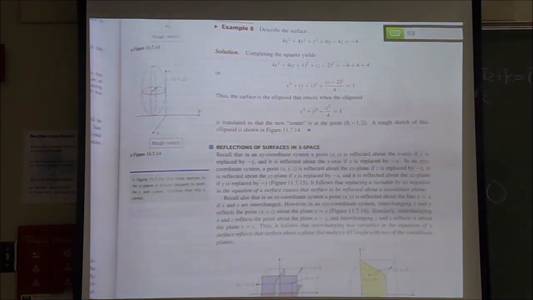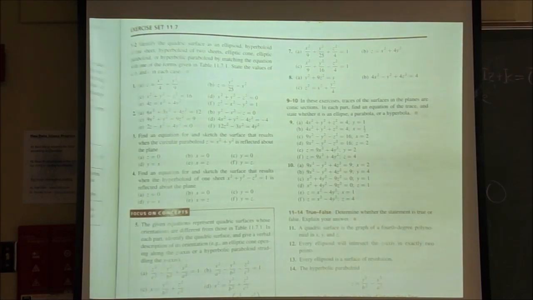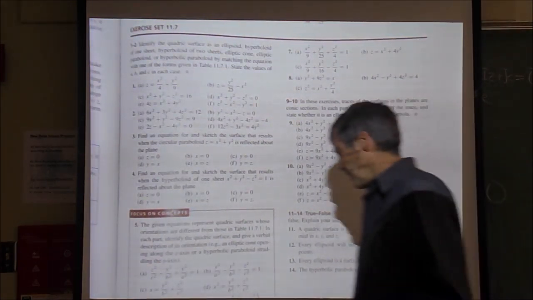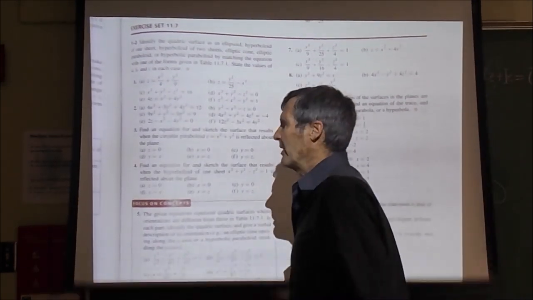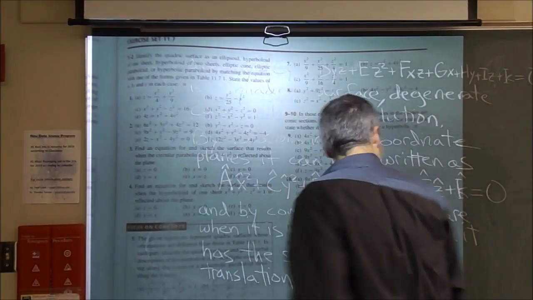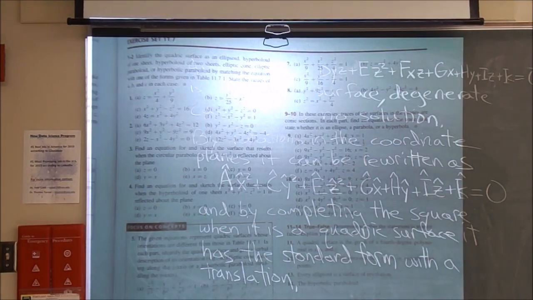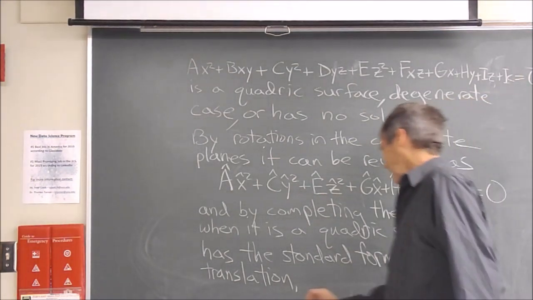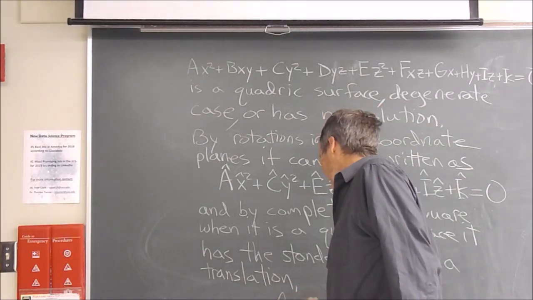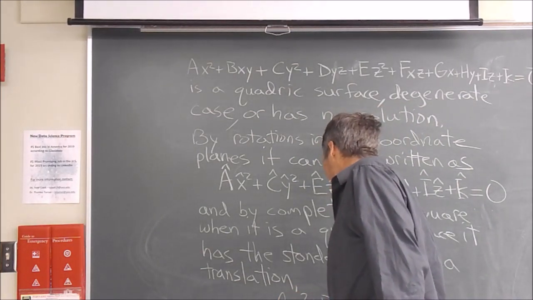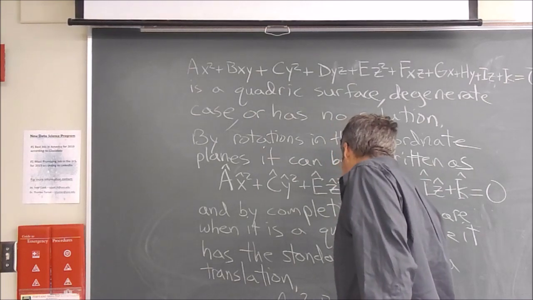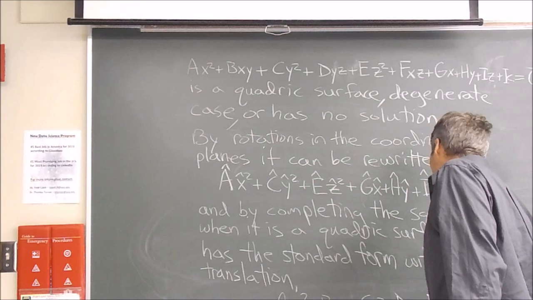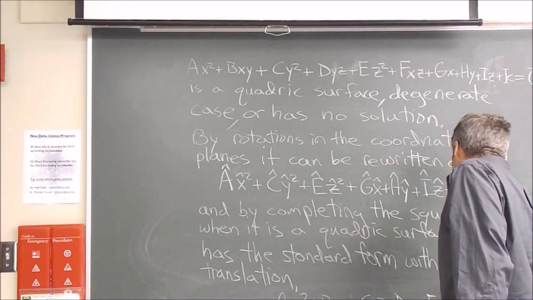Now, an interesting thing about these is that they all are highly related to equations that we tend to see in practice. You remember that every conic section could be written in the plane in a particular form: ax squared plus bxy plus cy squared plus dx plus ey plus f equals 0.